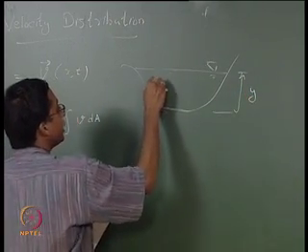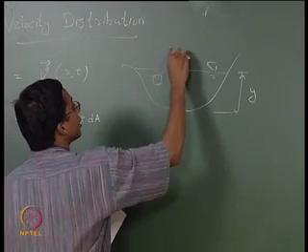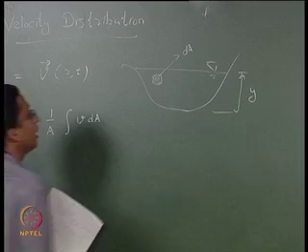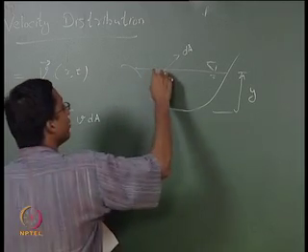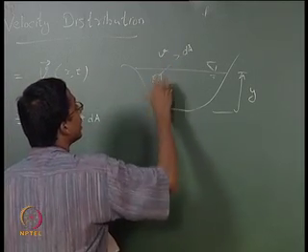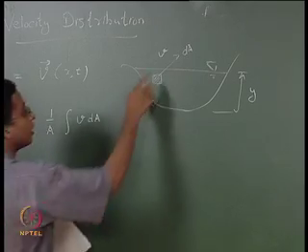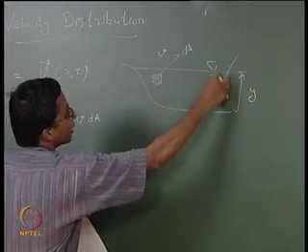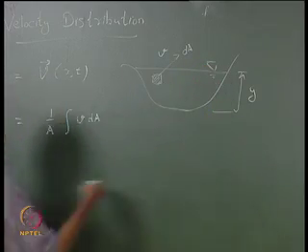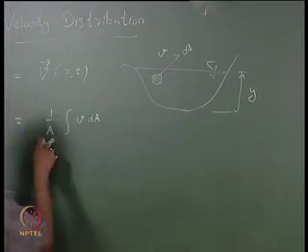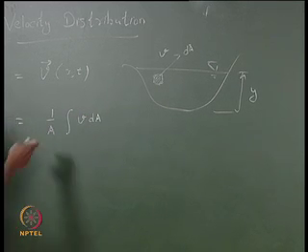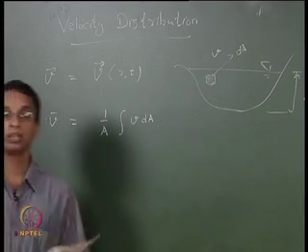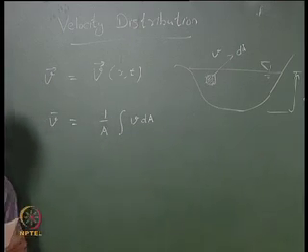If you take any elemental area dA having velocity v at that location, you integrate the v dA product over the entire cross section. The entire cross sectional area is A, and through that ratio you will get the average velocity v. In most cases, the average velocity needs to be incorporated.